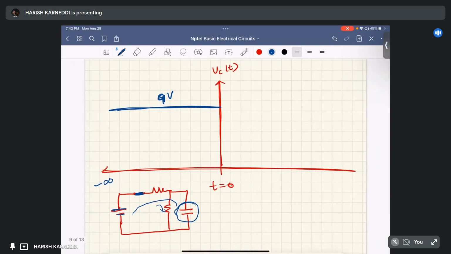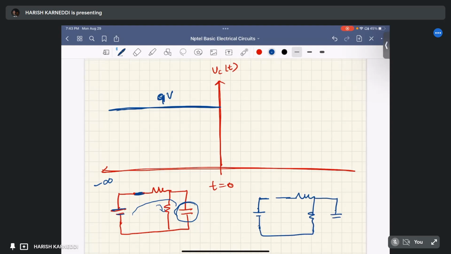At t equal to 0, the switch is open. So there is no closed path like this, and the current in this particular loop is 0. So the current flowing through this resistor is 0. Whatever charge is in this capacitor will dissipate through this resistor.